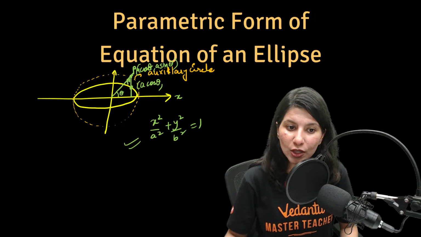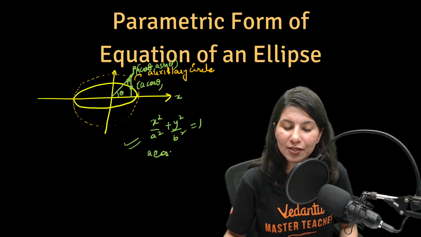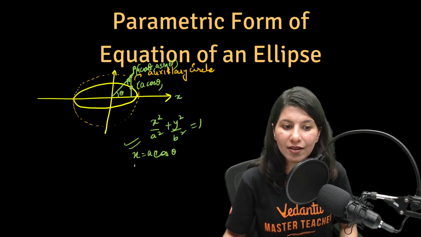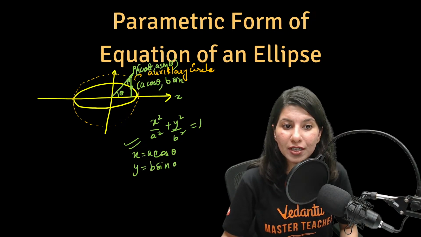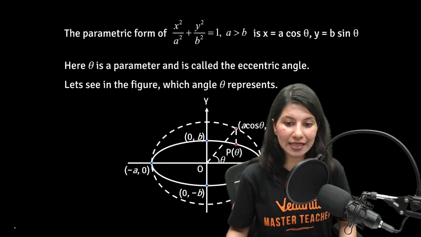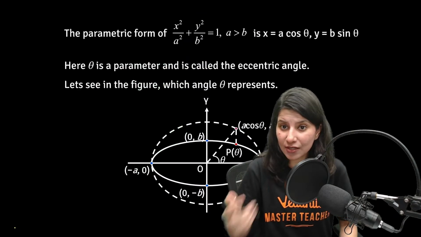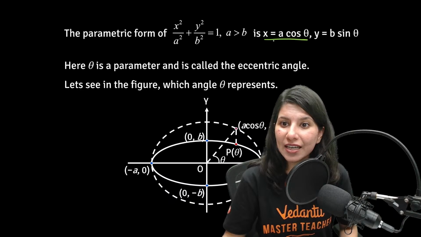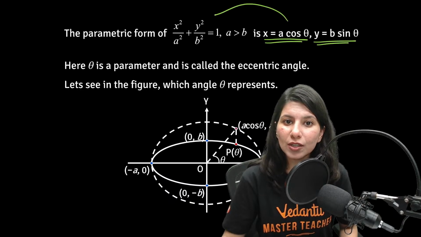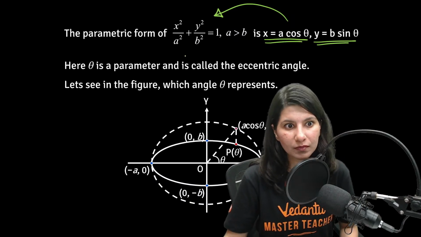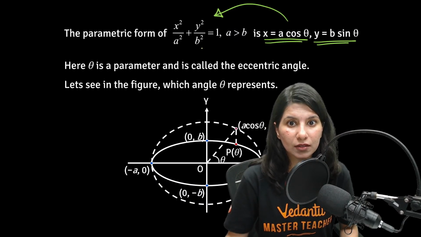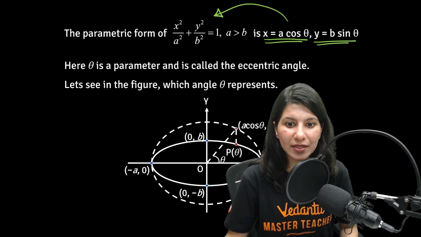Definitely. The moment you put A cos theta in place of x, you will get y as b sin theta. So the parametric coordinates of an ellipse will be A cos theta, comma, b sin theta. The moment you plug this into the ellipse, it will satisfy. So this is the parametric form.